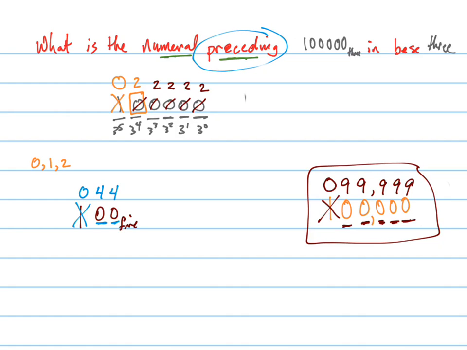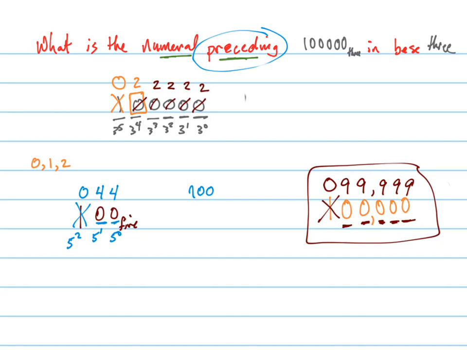That's the concept. That's what they're trying to help you understand with all these questions: how different base systems work differently, but they follow the same patterns. Because if you think about it, this would be 5 to the 0, this would be 5 to the 1, and this would be 5 to the 2. What's 5 squared? 25.